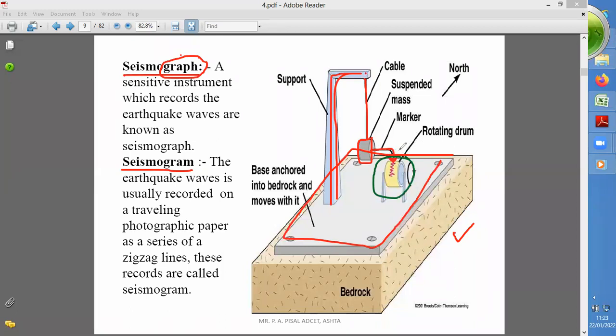Due to the vibration of this marker pen, zigzag lines are developed on this graph paper. That marking of the zigzag lines on that rotating drum or graph paper is considered a seismogram. Okay.